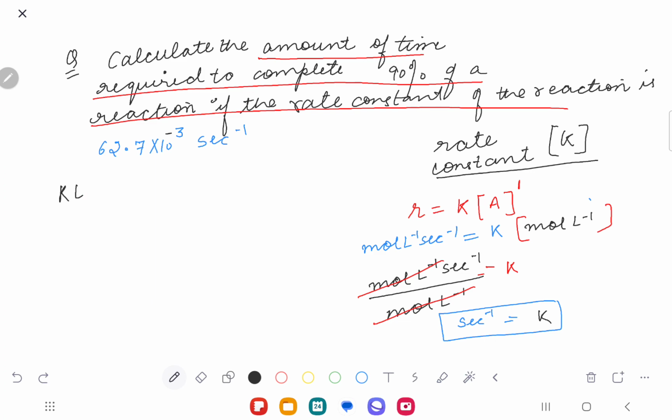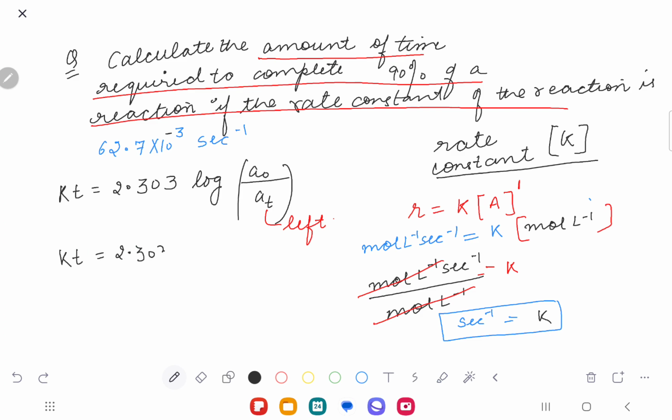So I would say Kt equals to 2.303 log of A naught over A. How much is A naught? How much we have taken initially? I do not know. Let it be 100. Over how much are we left with?